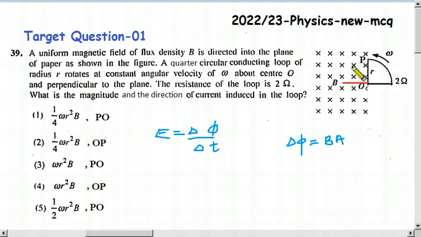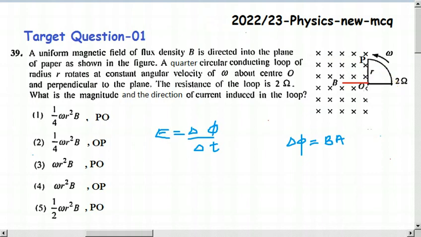Therefore no electromotive force is induced in the curved section. Again I am saying, since this curved section does not cut the magnetic lines of force and creeps between them, no electromotive force is induced in it.